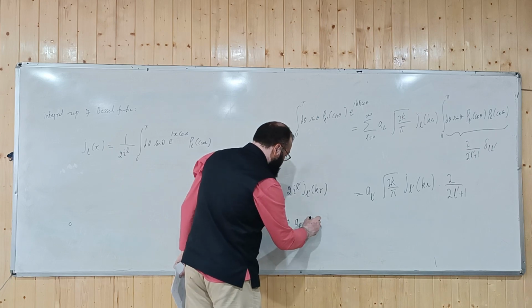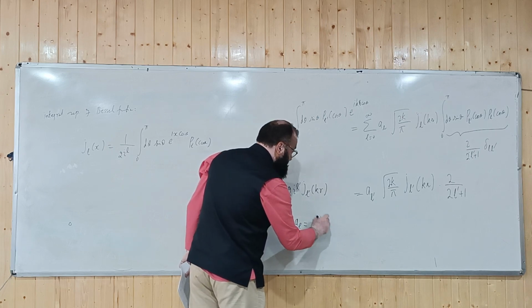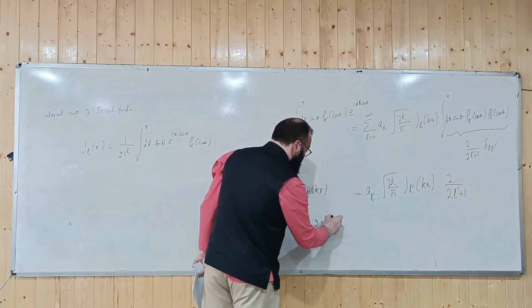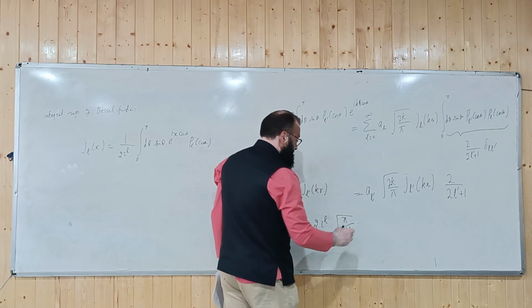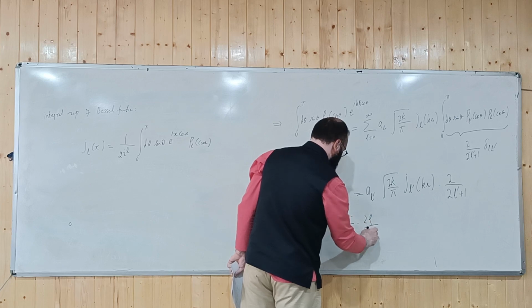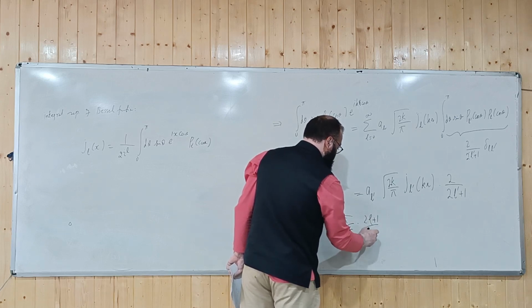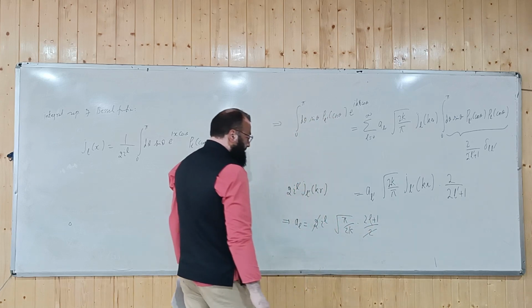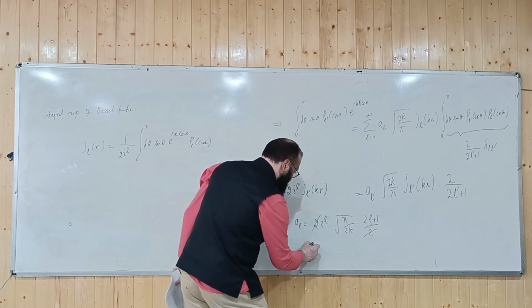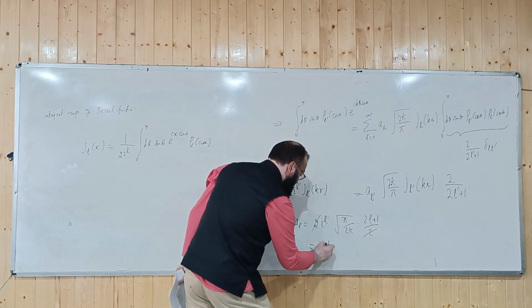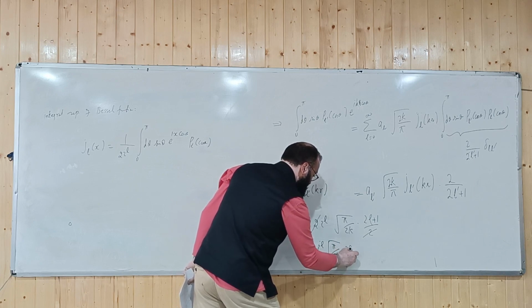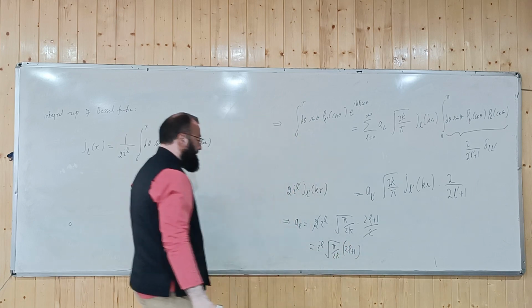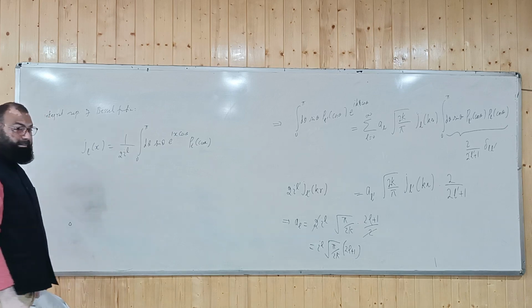So it will be simply 2 i^l, into root of pi divided by 2k, then you have 2l plus 1 divided by 2. So 2 and 2 cancel. So what you have is i^l root of pi by 2k. This is our A. Clear?